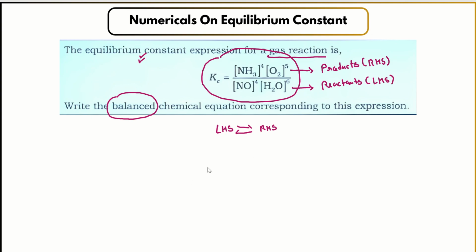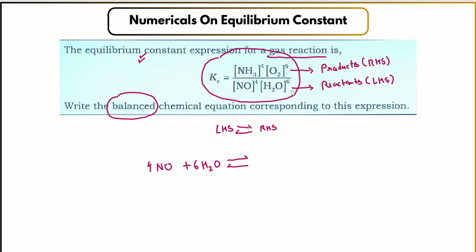Okay, so simply how will you write this? NO raised to 4, H2O raised to 6. Simply write NO plus H2O, then write 6, and here it is given as 4. Then make an expression for this.